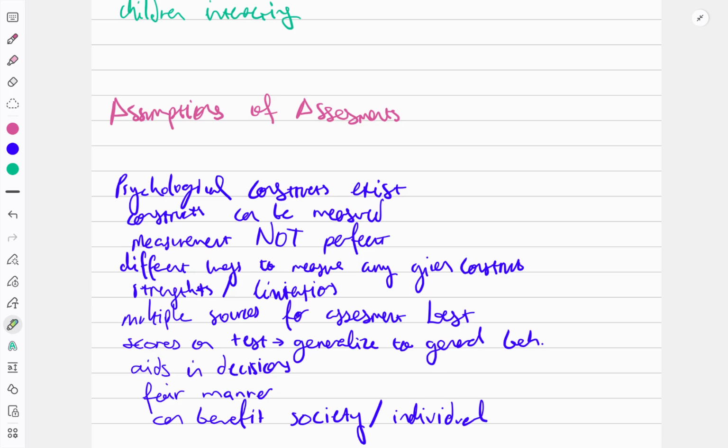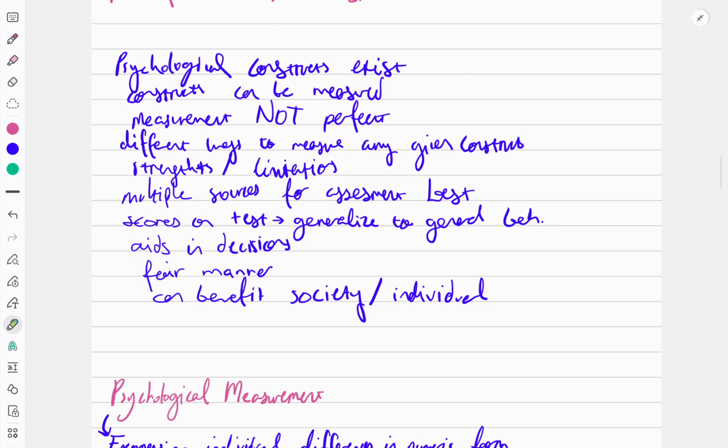We can generalize the behavior to a general behavior based on scores on tests or studies, and these psychological tests or assessments aid in decisions, and they have a fair manner, and they can benefit the society or the individual, because if it's not benefiting any of those things, it doesn't make sense for us to conduct these studies.